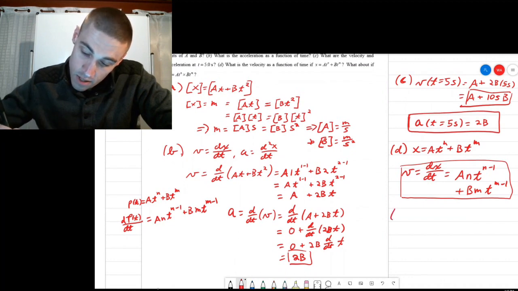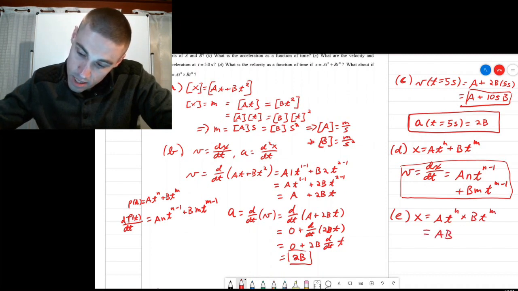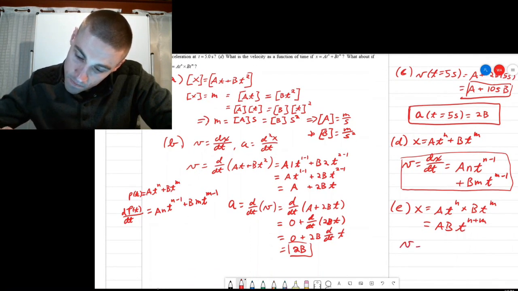Now, what about, in part E, if x is instead a t to the n times b t to the m? Or in other words, a times b t to the n plus m. Well, v is dx dt.